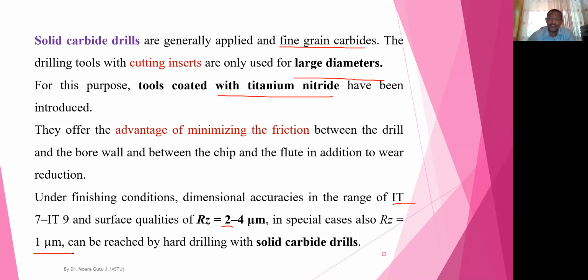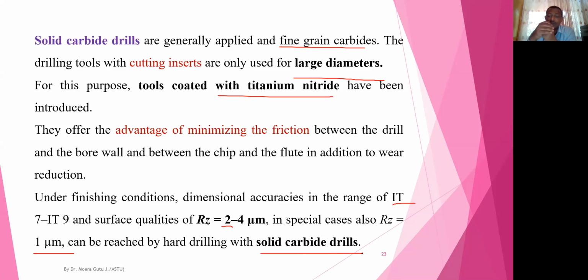If you get a smooth surface in machining, either in turning, drilling, or milling, wear resistant and corrosion resistant surfaces can develop, because the capability of the tool materials will determine the level of the machined surface finish, achieved by hard drilling with solid carbide drills.